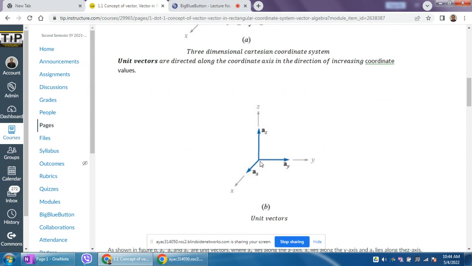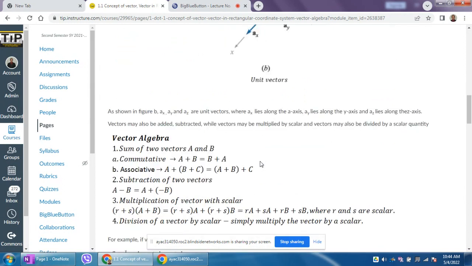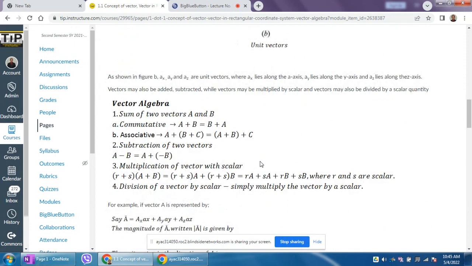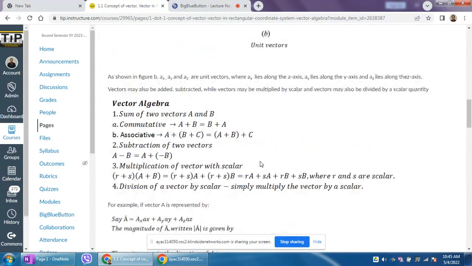So yan po yung defined direction ng unit vectors natin. Okay. So as shown in figure B, AX, AY, and AZ are unit vectors wherein AX lies along the x-axis, AY lies along the y-axis, and AZ lies along the z-axis.